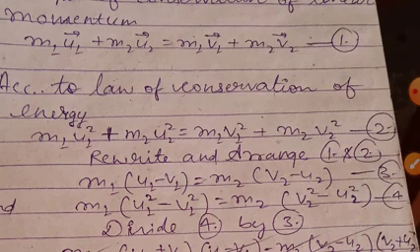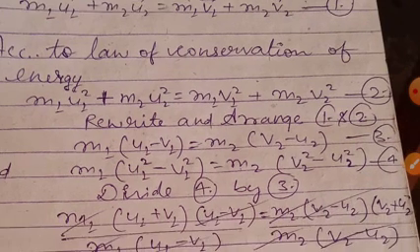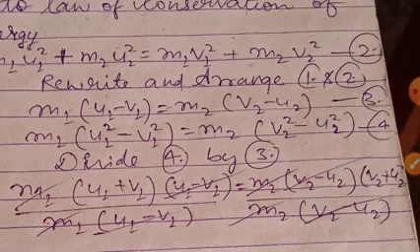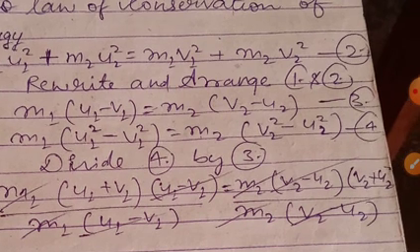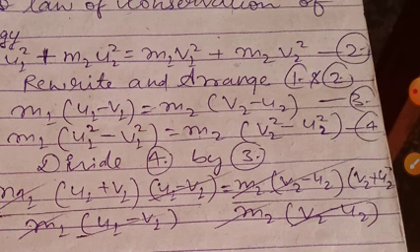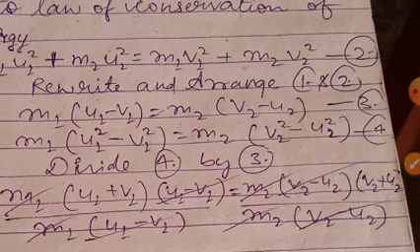Now rewrite and arrange the first and second. Taking m1 common, m1 (u1 minus v1) is equal to m2 (v2 minus u2). Now m1 (u1 square minus v1 square) is equal to m2 (v2 square minus u2 square). This is the fourth equation.